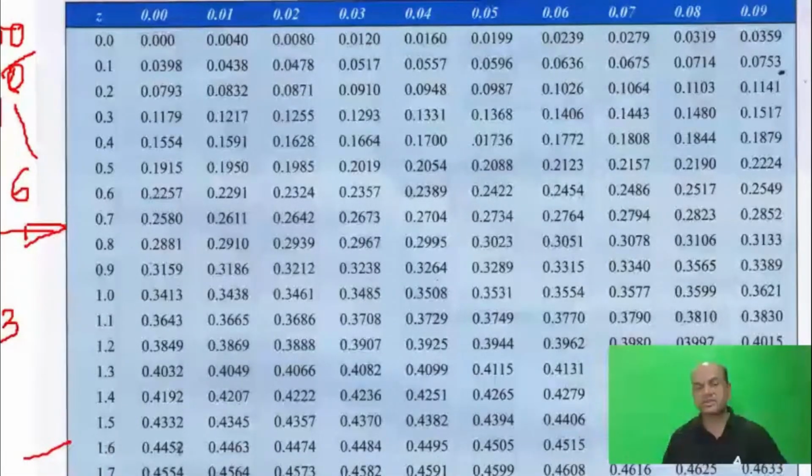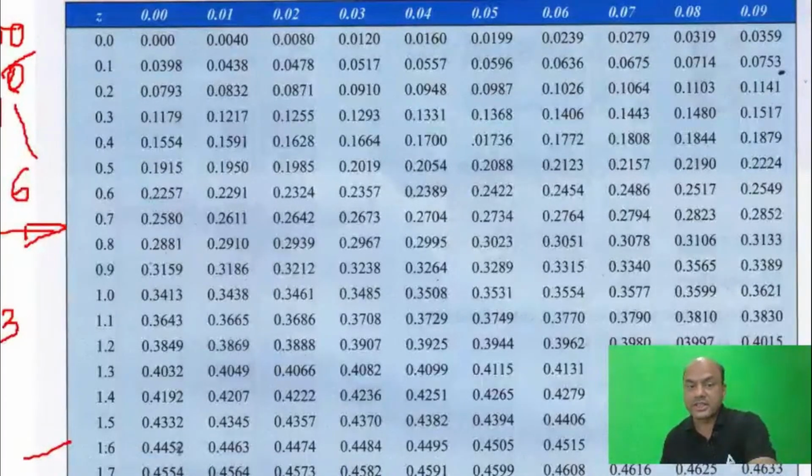What is the answer for 1.66? 0.4515. Very good. So this is your probability for the first one, 0.4515, not 25. So this is your probability for 1900.